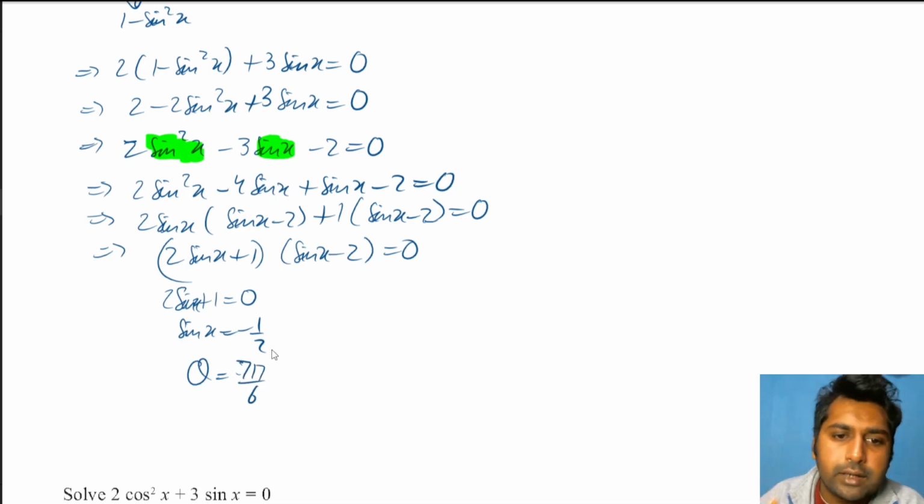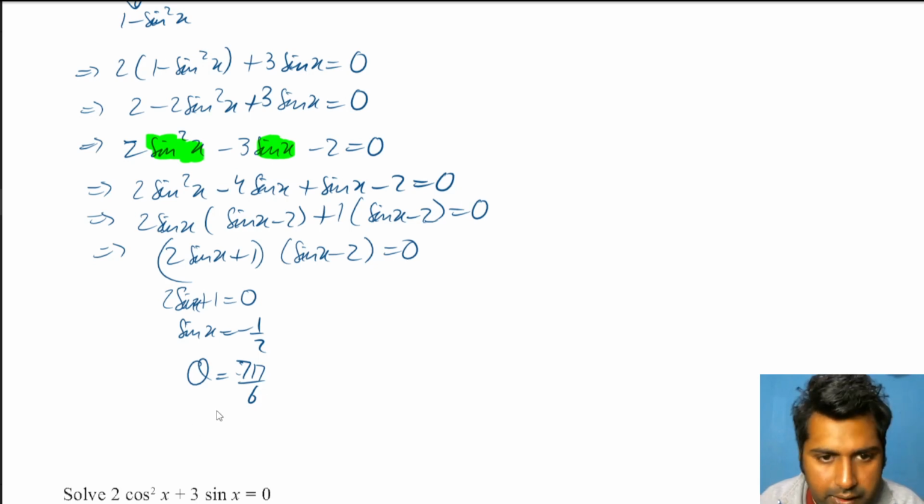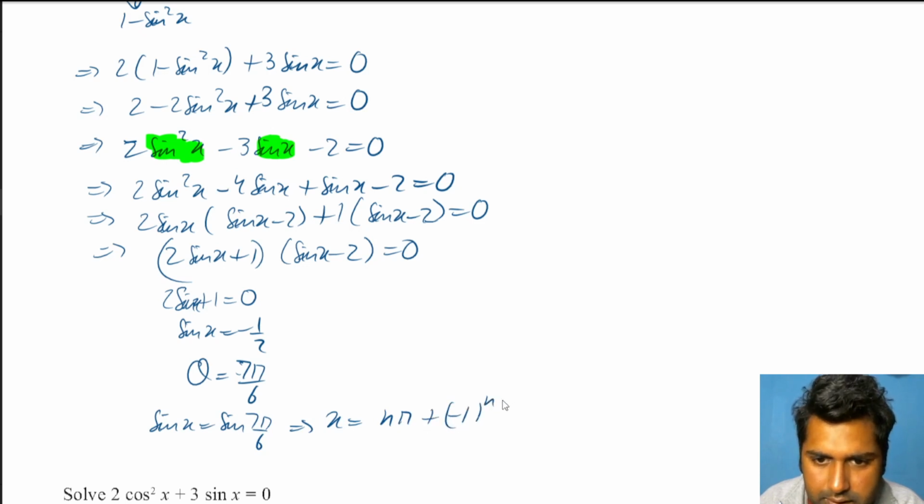I need 1 theta. We can find both, but at least I need 1. So now I can write sine x is equal to sine 7 pi by 6. That gives me x is equal to n pi plus minus 1 raised to power n into theta. Theta is 7 pi by 6, and mention that n belongs to Z.